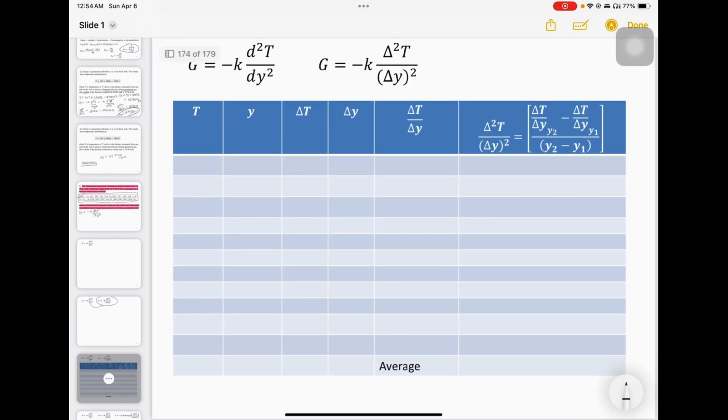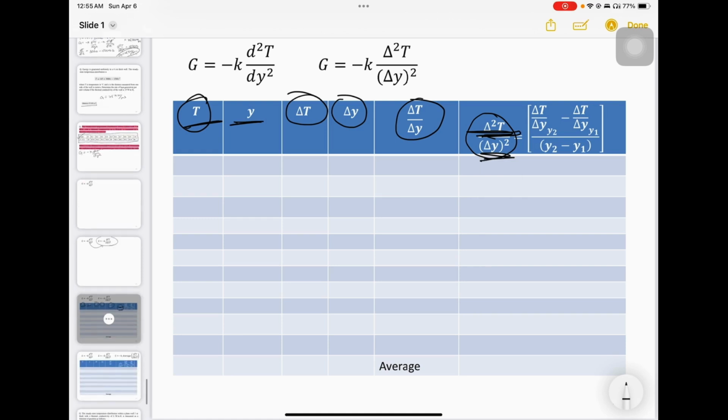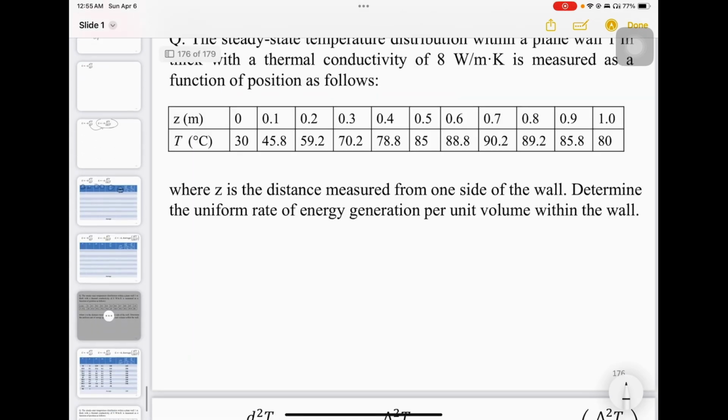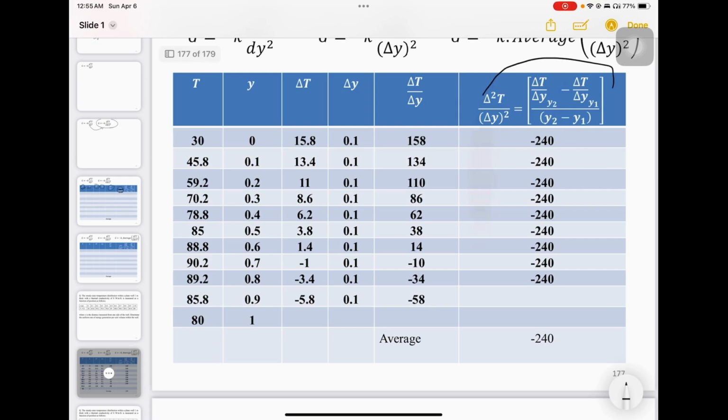As we have the table, we have T, we have Y. We'll calculate the difference and its ratio, and then we will calculate the d square T by dy square in a tabulated form, so that we can take an average of this.